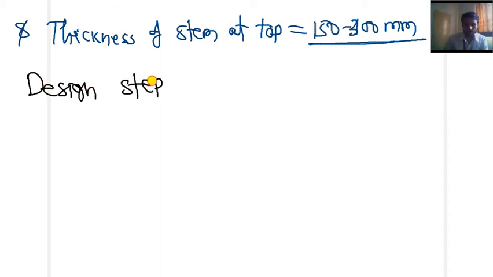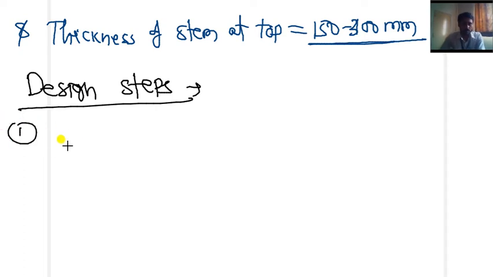Design steps. In the first step, what type of data is given? The first one is given data.